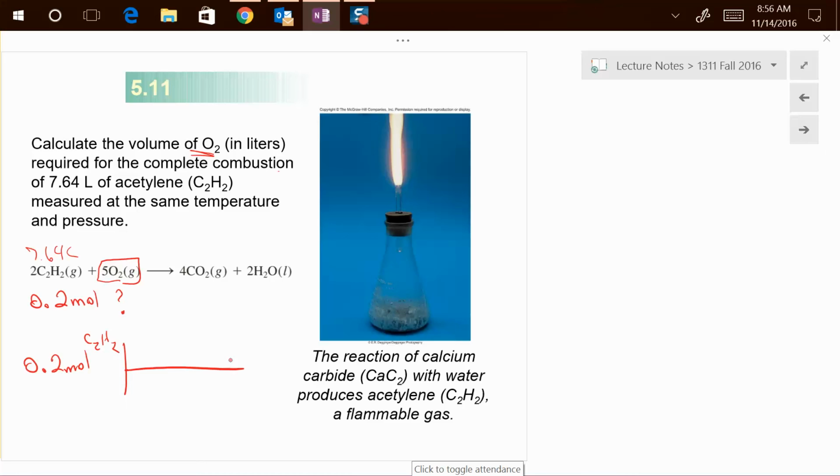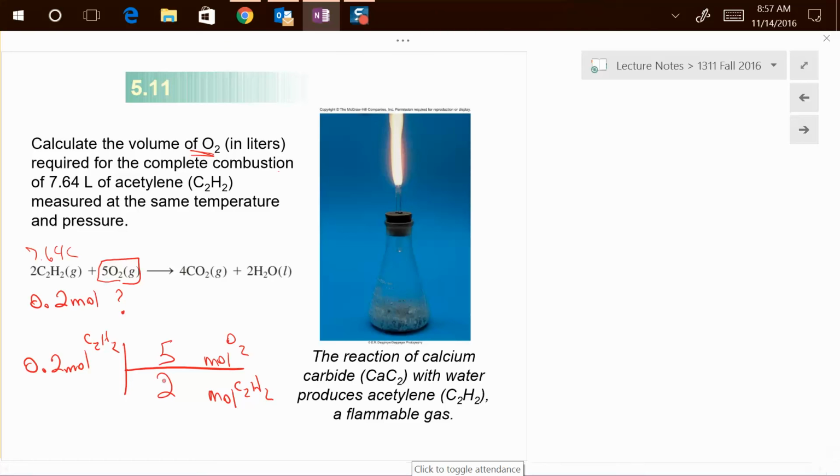Through stoichiometry, so moles of C2H2 to the moles of O2. Where am I going to find this relationship? How many moles of O2 are on top? 5. How many moles of C2H2 are on the bottom? 2. That's how I would set that up stoichiometrically if it was in moles.